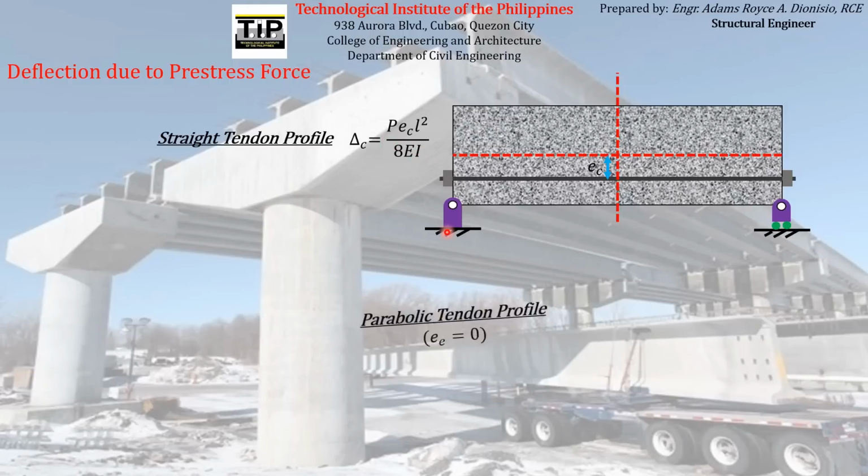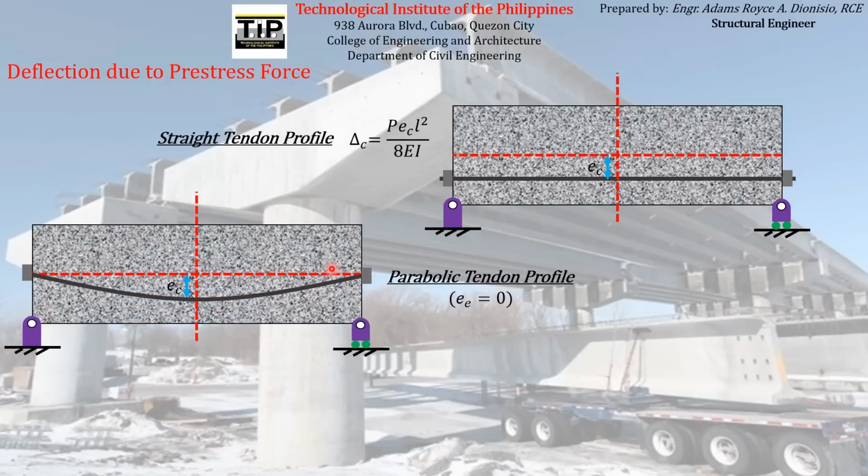The other formula is for a prestressed concrete beam with parabolic tendon profile like this, with an eccentricity at the ends equal to 0, meaning the tendon at the ends is located exactly at the location of the centroid or neutral axis. That's why there is no eccentricity at the ends of the beam.